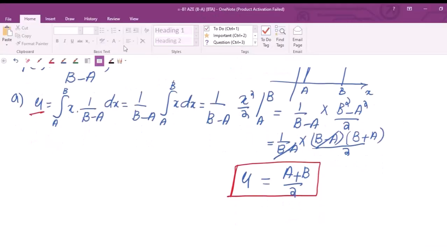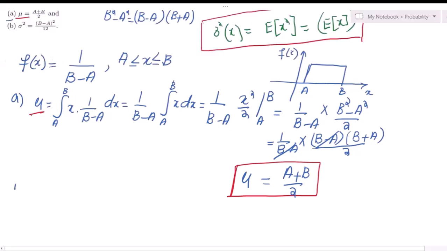Now let me solve part B of my question. The value of sigma square of x, as given here, is E of x square minus E of x whole square, while E of x is given here.